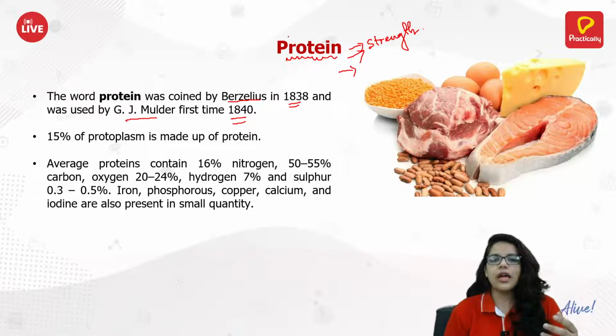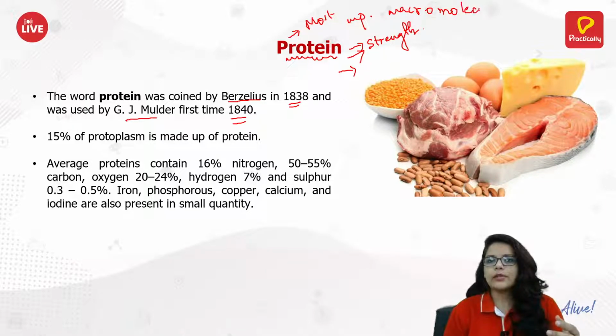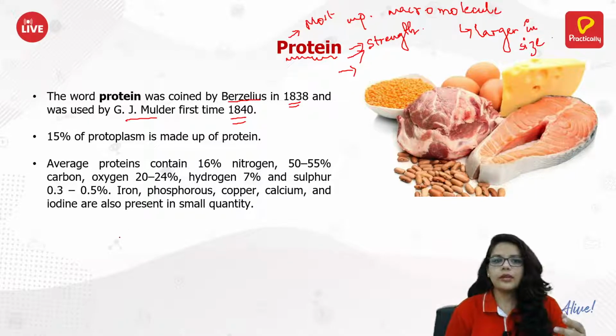It is one of the most important macromolecules. Macro, not micro, macromolecule. Why? Because it is heavier and larger in size. Now, 15% of the protoplasm is actually made up of protein.